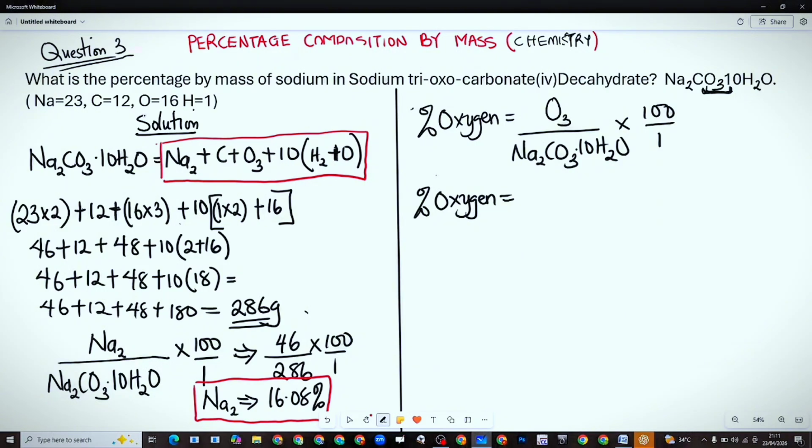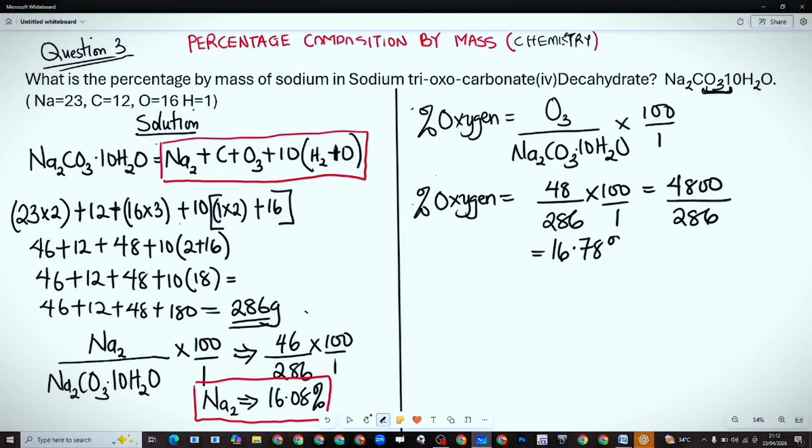It's going to be 48 over 286 times 100 over 1, that's 4,800 over 286. If we divide that, we're going to have 16.78. So oxygen is going to be 16.78%.